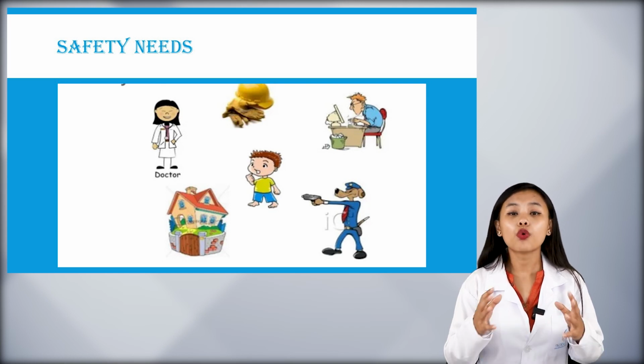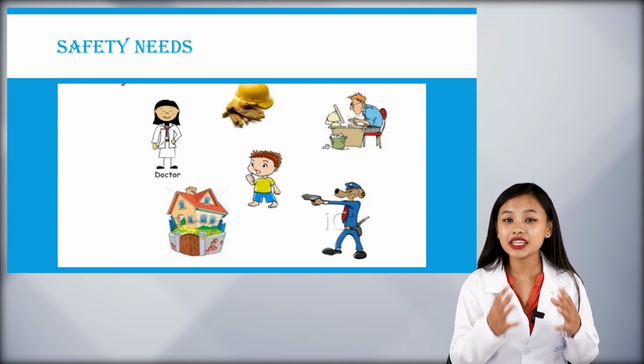The second is the safety needs. Once the physiological needs are satisfied, one's attention turns to safety as well as security, in order to be free from the threat of physical and emotional harm.